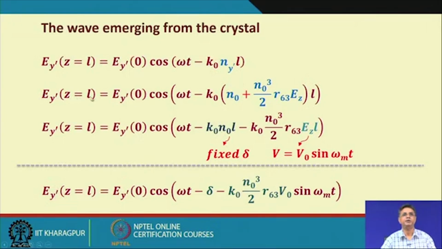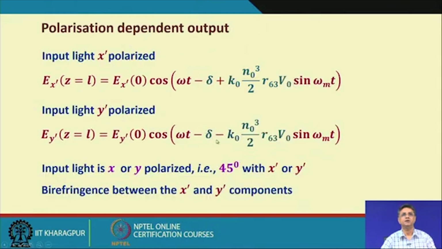We can just repeat for y prime, and that will lead to this fixed value of the phase, which is due to the original ordinary refractive index and length. In the same way we can express this. Therefore, for input light polarized with x prime, you have this output E x 0 at the input and then cosine of this quantity.